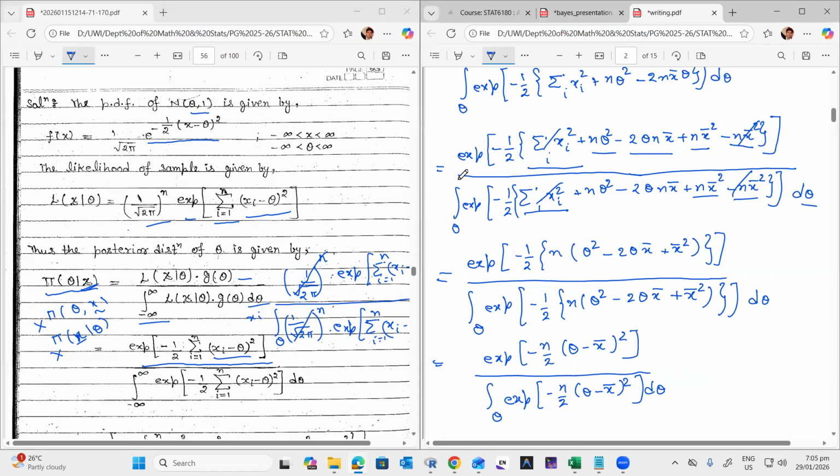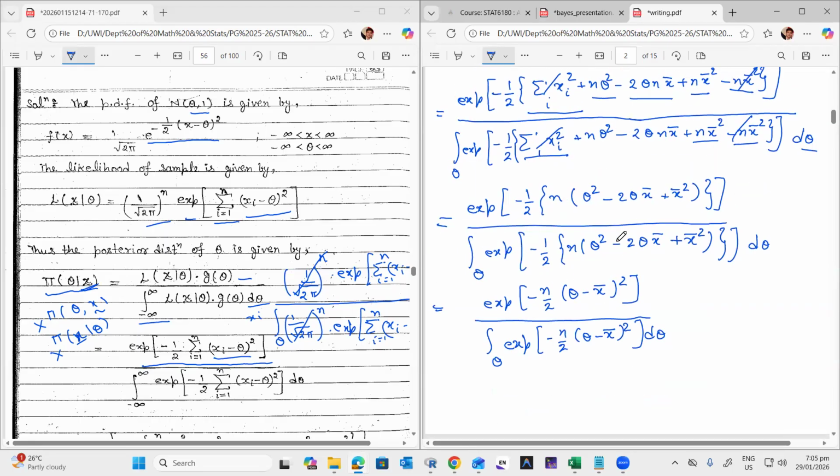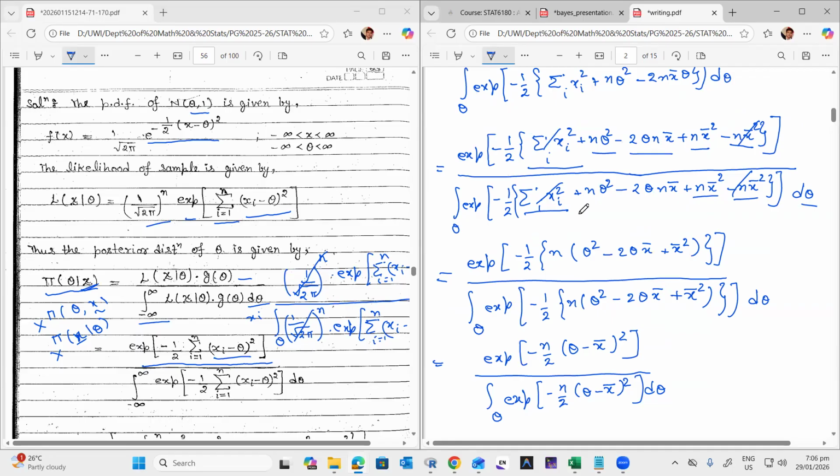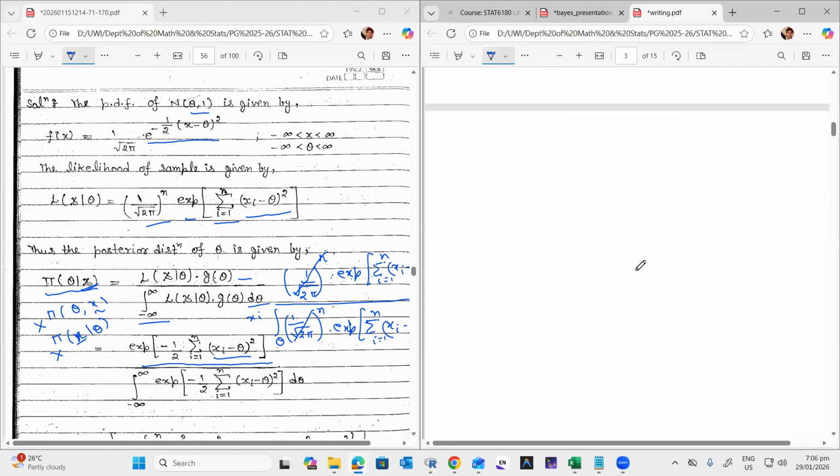So how we can do it? You can take the exponential inside. So at that time, you have exponential e raised to the power minus 1 by 2 summation over the range of i xi square plus the remaining things, right?